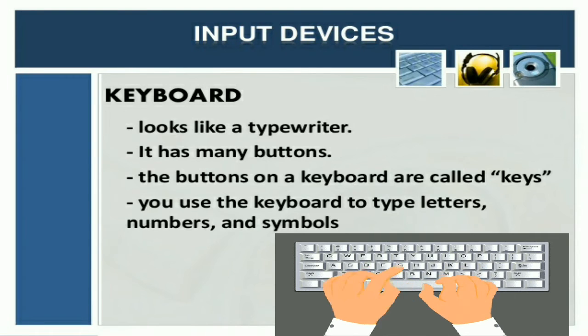Here we find so many buttons, and these buttons are called keys. You use the keyboard to type letters, numbers and symbols. Here we find so many numbers, then the alphabet, then symbols and other keys like the space key, enter key, caps lock key, and backspace key.